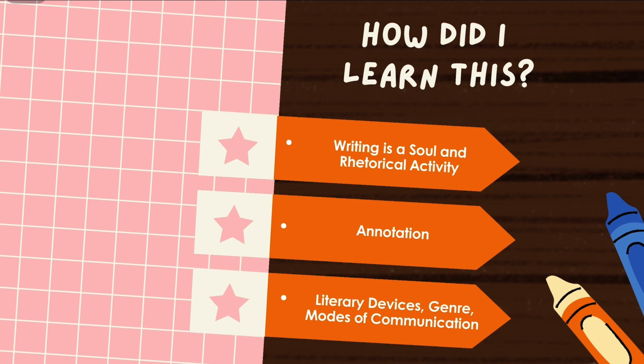The second point is annotation. Annotation is very important when it comes to reading like a writer, because when you're annotating, it's a comment of your thoughts about what the author is trying to convey. So it's like a collaboration between you and the author.